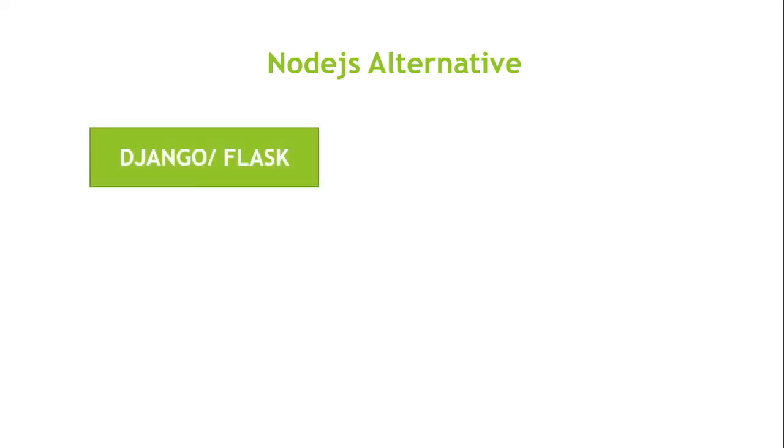An alternative to Node.js you have probably heard about is Django or Flask. It is a Python framework which we use on the server side to create the same thing which we are creating as a Node.js server. So we are using Node.js for creating server logic, and similarly we can do that in Django or Flask, which is Python. So only the languages change. Not only do we use JavaScript in the creation of a Node.js server, but in other frameworks we use different languages.